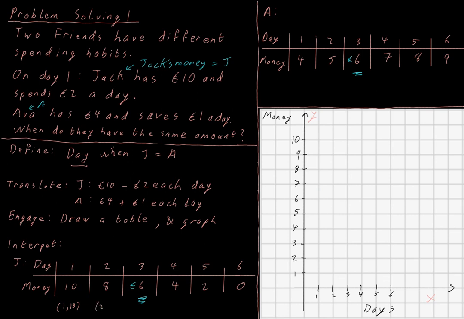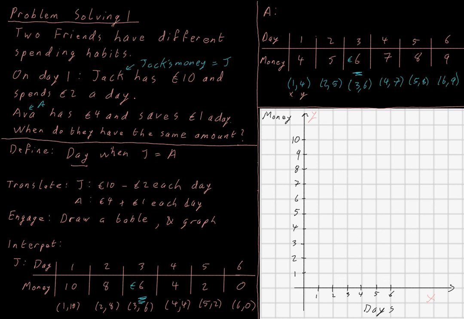For the second day, it would be 2 and 8, and 3 and 6, and 4 and 4, and 5 and 2, and 6 and 0. Those are the coordinates for Jack. I'm going to write them in for Ava. So I have my x and y coordinates, my days and money coordinates for Ava. So Jack's I'm going to do in this orange-red color, and the turquoise I'm going to do for Ava.